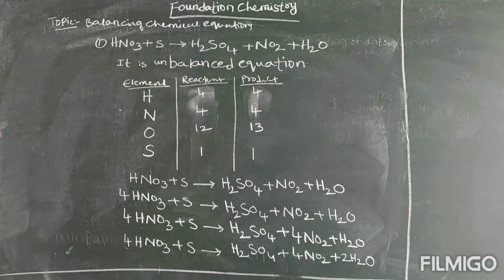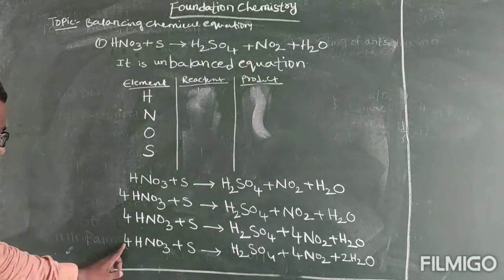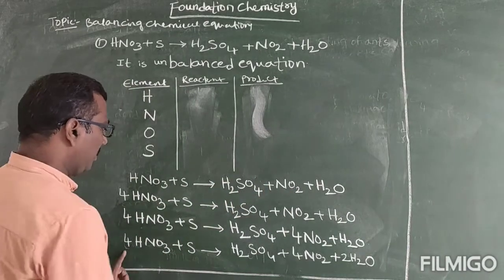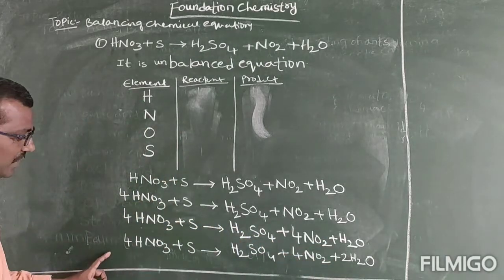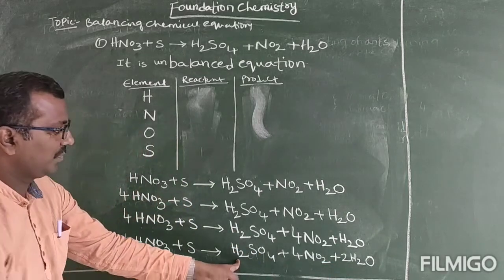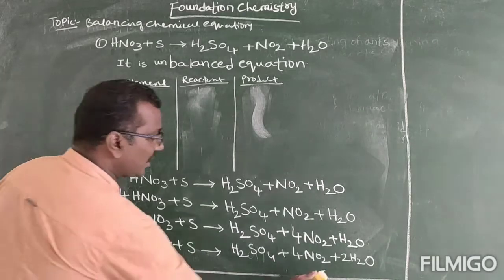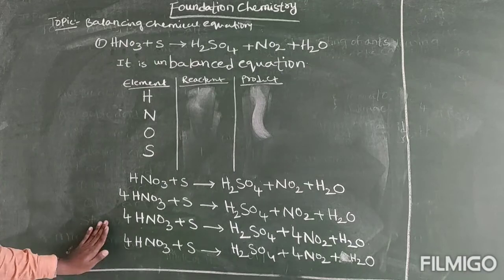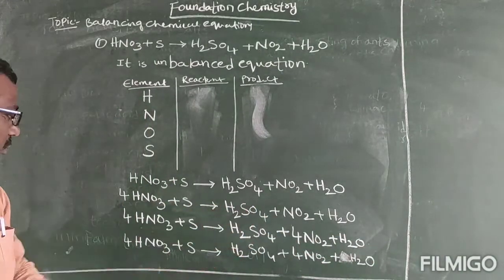Now you check it. 4 hydrogens, multiplying this total with 4, 2 2s are 4 plus 2 is 6, and here not getting. So when even and odd came here, I have said you try multiplying the total with some number.